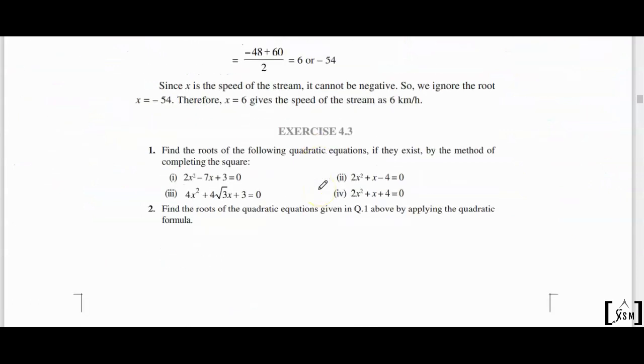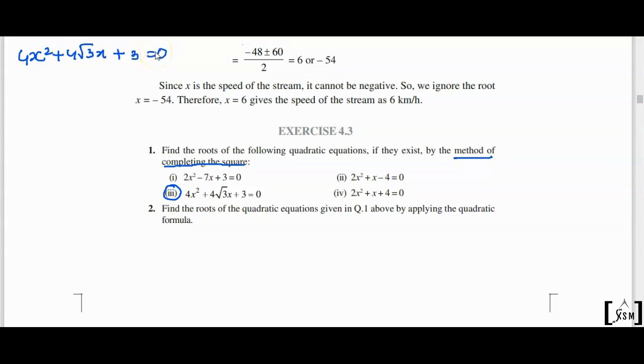Have a look at exercise 4.3, question number 3, first part. We have to do this question by the method of completing the square. So we'll see how to do that. First of all, 4x square plus 4 root 3 x plus 3 equal to 0.